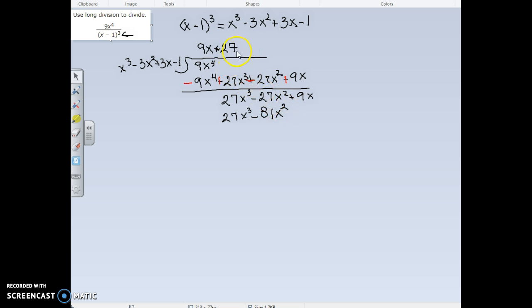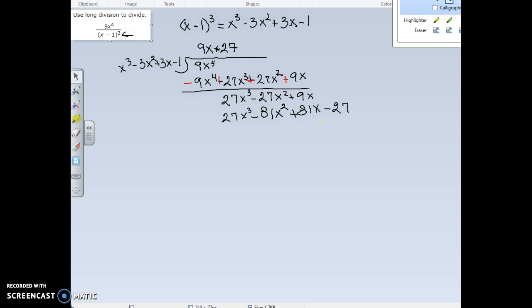Then we have 27 times 3x, which is plus 81x. And then we have 27 times negative 1, which is minus 27.